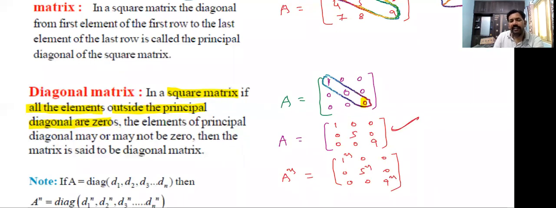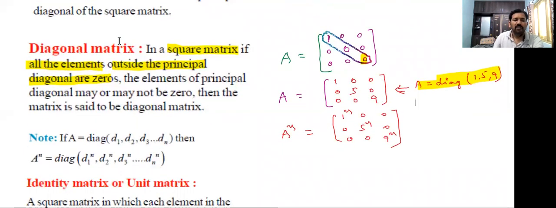We can write another form also: A is equal to diag of 1, 5, 9. That means the matrix having principal diagonal elements 1, 5, 9, and other elements 0. Okay. So a diagonal matrix we can write in this form also. Both are the same.